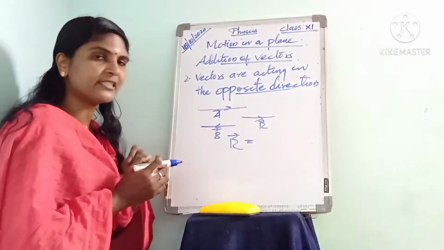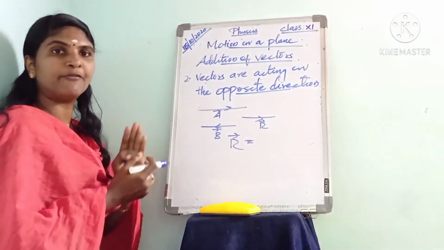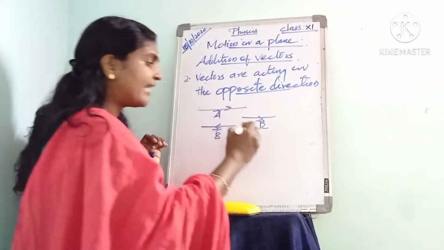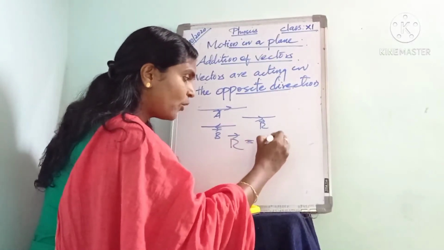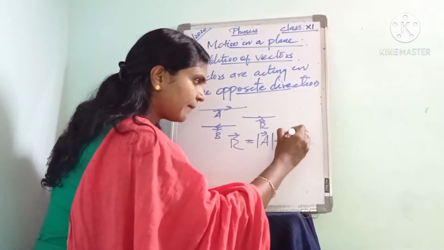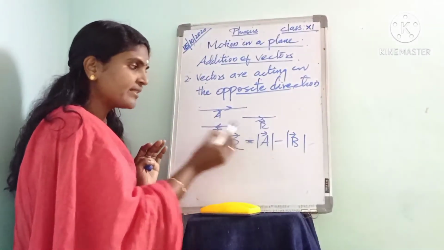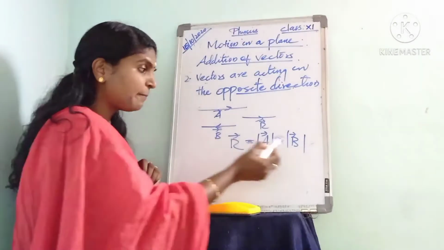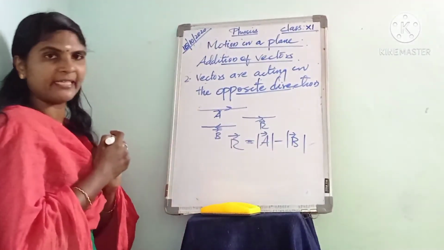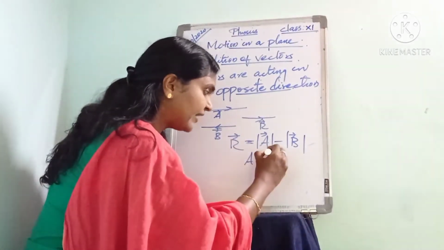So we can write the resultant vector as mod A minus mod B. The magnitude of vector A is modulus of A and the magnitude of vector B is modulus of B, so we take the difference between them.